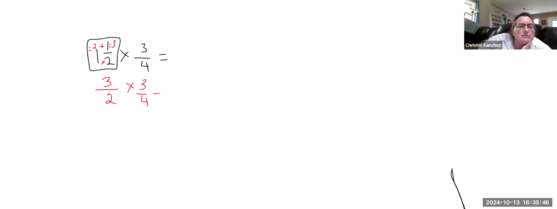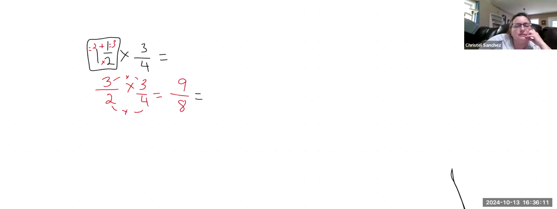So how do I multiply a fraction? Straight across, right? So 3 times 3 is 9, and 2 times 4 is 8. Now, again, can I leave that answer in that form? No. So how many times does 8 go into 9? 1 time.